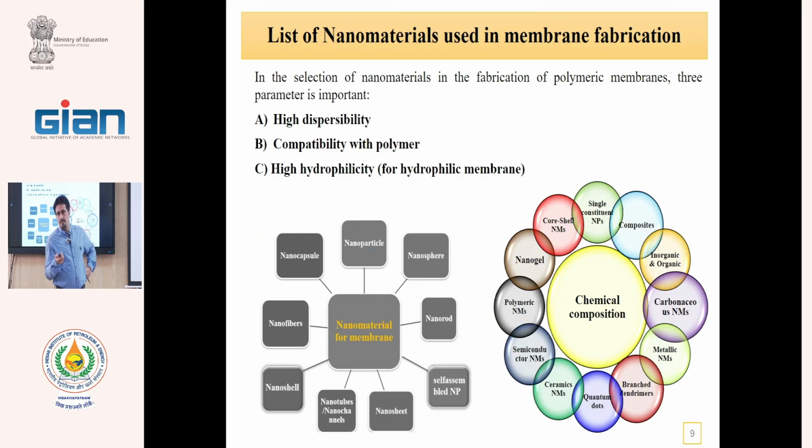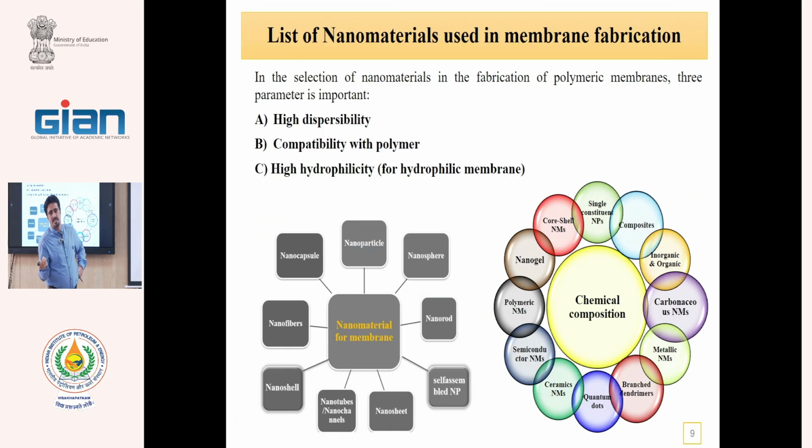In fabrication of polymeric membranes, we mostly use organic solvents, dimethyl acetamide, dimethyl formamide. In this case, when we add hydrophilic nanomaterials, they do not have good dispersion. In this case, it is better to use carbon-based nanomaterials.